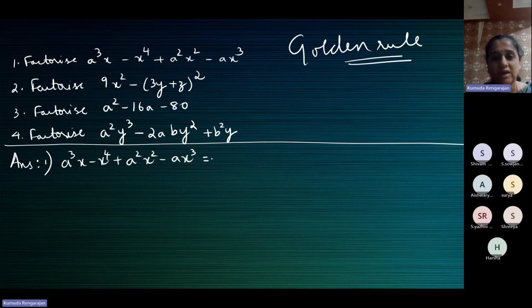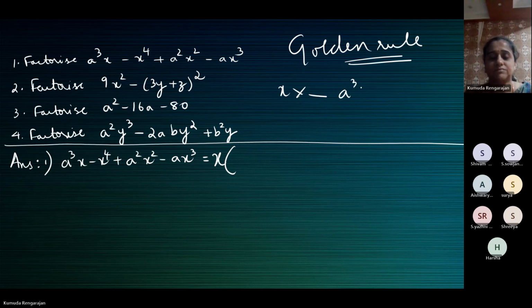All of them do not have a, but all of them have x in common. So take out x as a common factor. Now what do you get inside the bracket? X into what will give you the first term, a cubed x? A cubed, right? Minus x into what will give you the second term, x to the power 4?